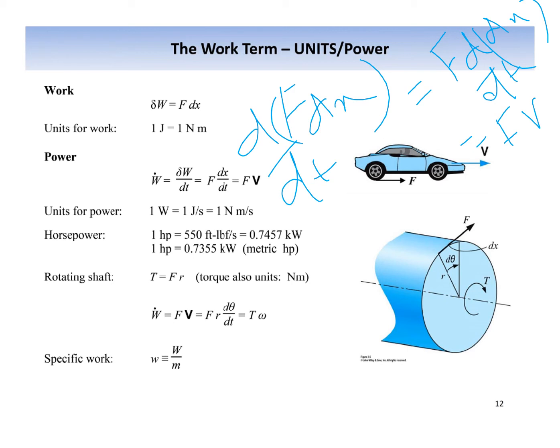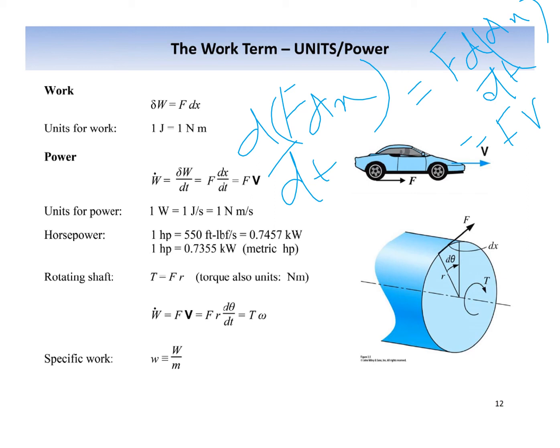So if we have force times displacement as work, we have force times velocity as power. This is a trivial example, and if the force is not constant, then we cannot take it out of the derivative, and we have to apply the chain rule. But just to give you an idea, power is the rate at which some engine or machine can produce work, and work is a form of energy. So the rate at which a system can deliver energy or work is called power.